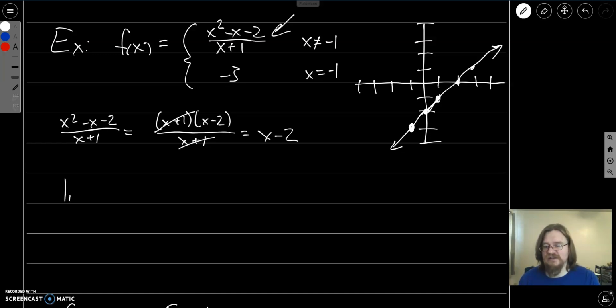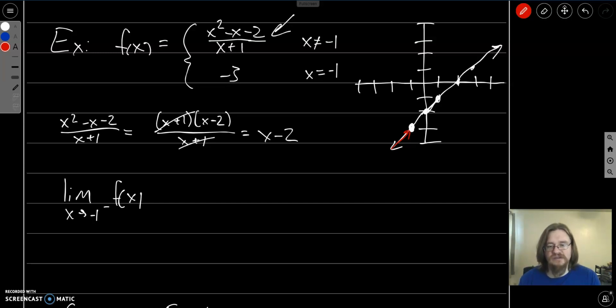So let's test that. Let's take the limit as x approaches negative 1 from the left. As we approach negative 1 from the left-hand side, we're going to be following this part of the equation because we're not equal to negative 1.